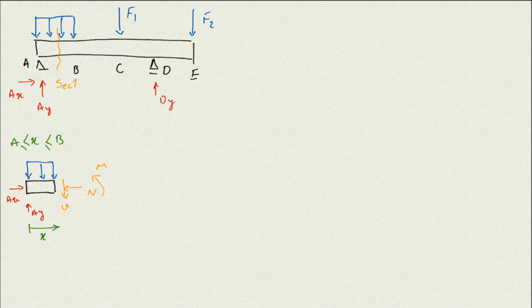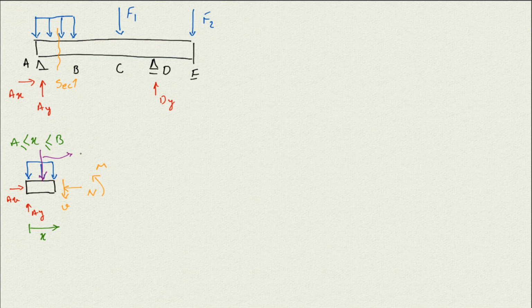If I replace it with the resultant force here, this is going to be the resultant force, and whatever magnitude we have for that resultant force will be represented here.